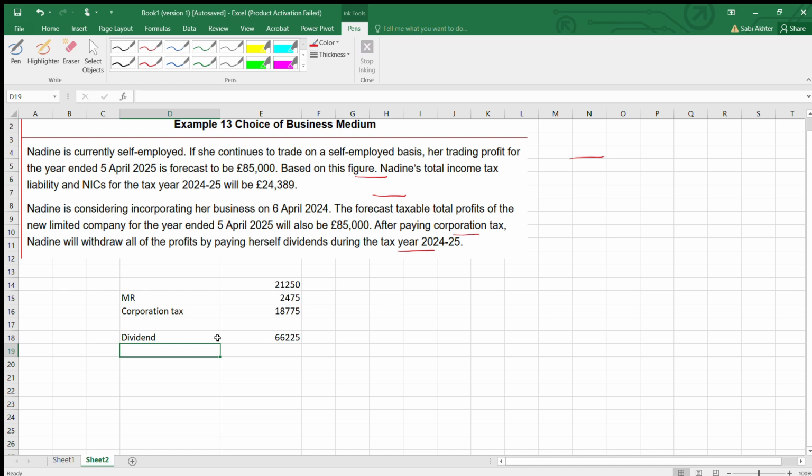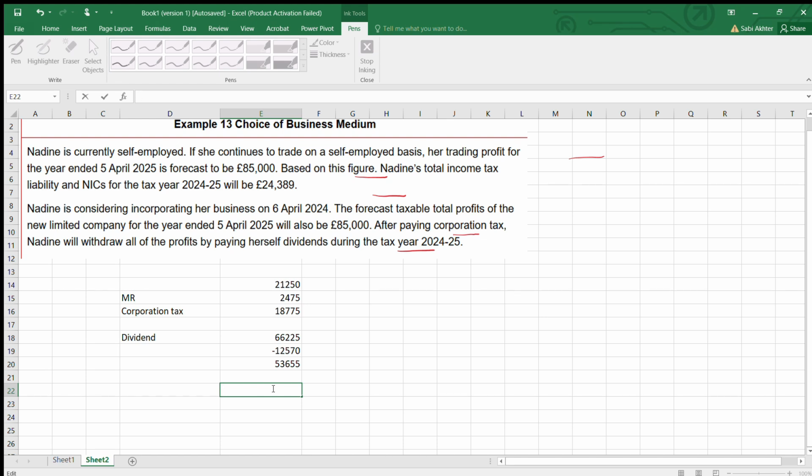Nothing is retained. So now what do you have to do? Calculate income tax. This is the dividend income, so from here we are going to deduct the personal allowance. This is the higher limit, right? Since it is dividend, the first 500 would be taxed at 0%. I'm going to write 0.